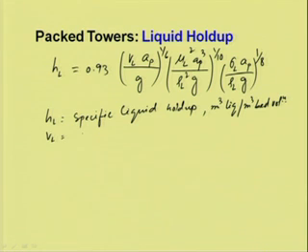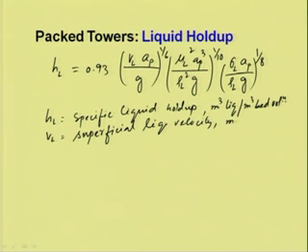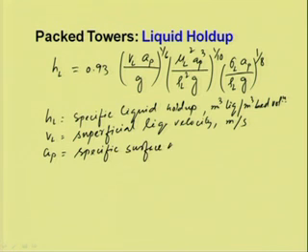VL is the superficial liquid velocity, which is in meter per second. AP is the specific surface area of packing, which is meter square per meter cube.